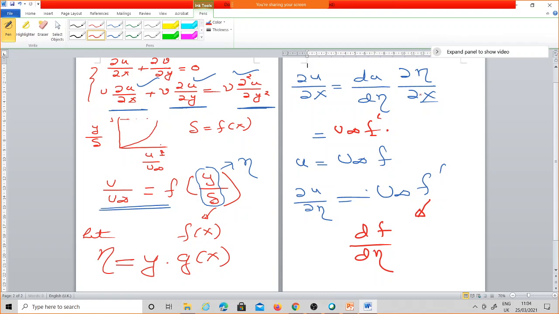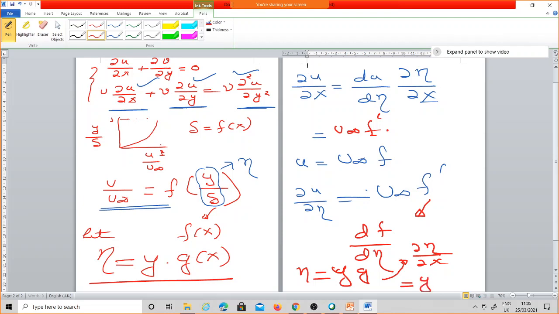So del eta by del x. You know that eta is equal to y g. If eta is equal to y g, then del eta by del x will be... y is a constant, right? y cannot be a function of x, so you just put it like y.